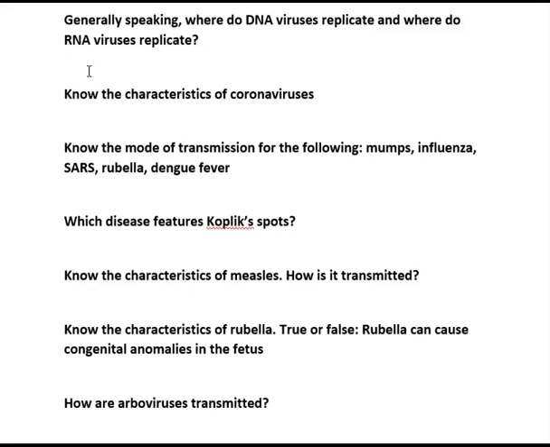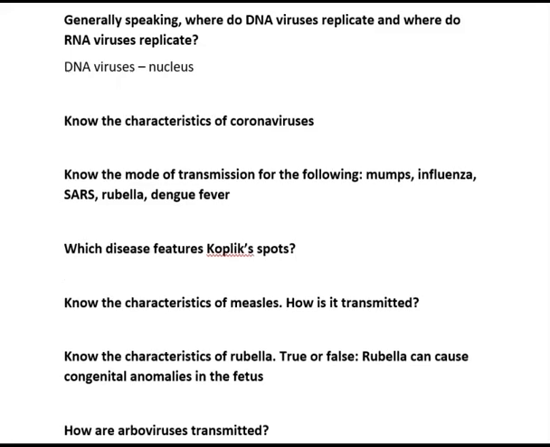Generally speaking, DNA viruses are going to replicate in the nucleus. This makes sense, remember, because the nucleus has the machinery inside of it to replicate DNA. So DNA viruses have to travel to the nucleus to find that machinery.